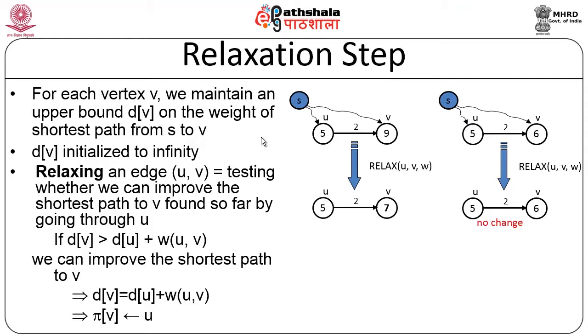So, d[V] is initialized to infinity, as we have already discussed. Now, relaxing an edge uv means testing whether we can improve the shortest path to V found so far by going through u.